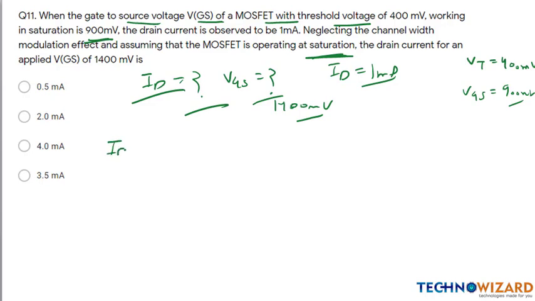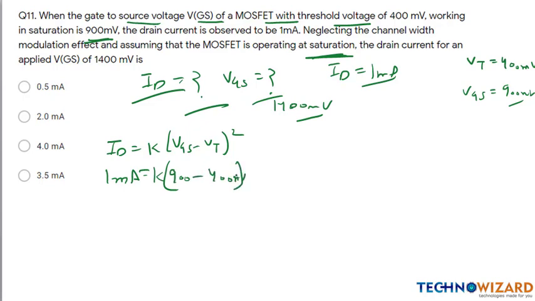The formula for drain current ID is K times (VGS minus VT) whole square, where VT is the threshold voltage. From here I can find the value of K. VGS is 900 millivolt as it is in saturation, minus 400 millivolt, square.